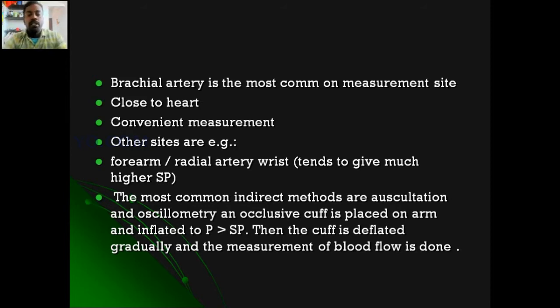The most common indirect methods are the auscultation method and oscillometry. An occlusive cuff is placed on the arm and inflated to a pressure greater than the systolic pressure. Then the cuff is deflated gradually and the measurement of blood flow is done.